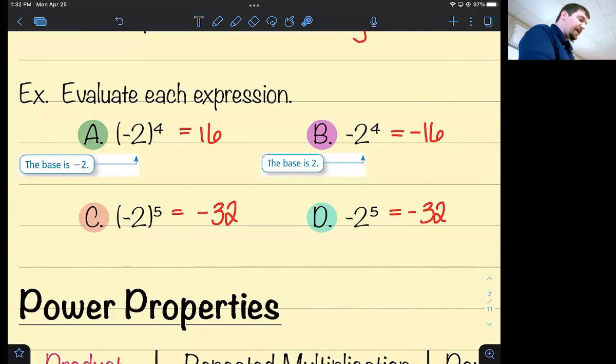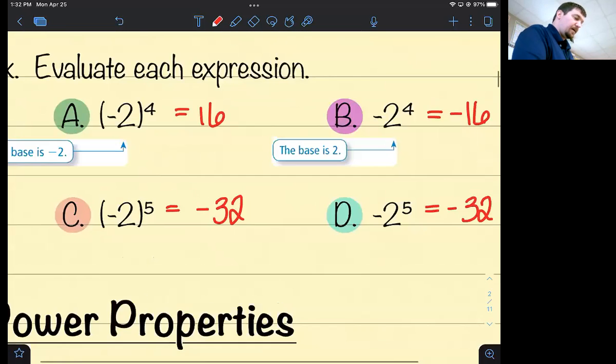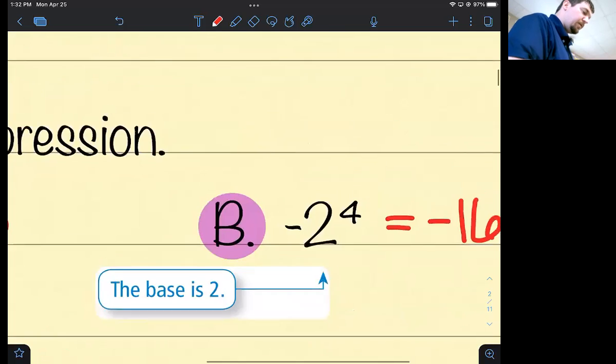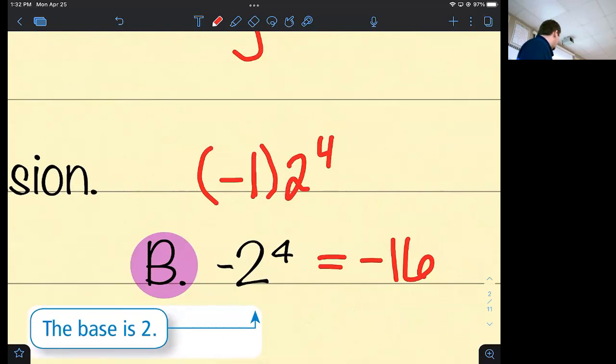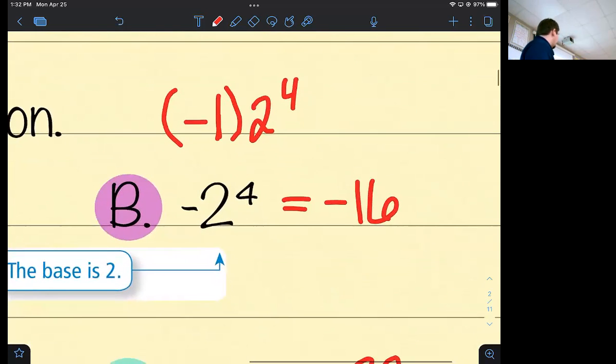The negative sign in front of a number, according to order of operations, I could write this like this. So when we do order of operations, obviously we do exponents first, then we multiply. The negative in front of the 2 acts as a -1 multiplier.